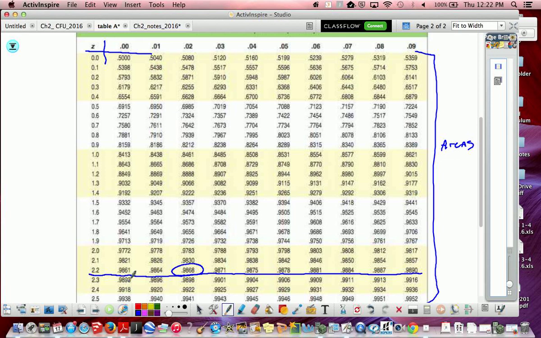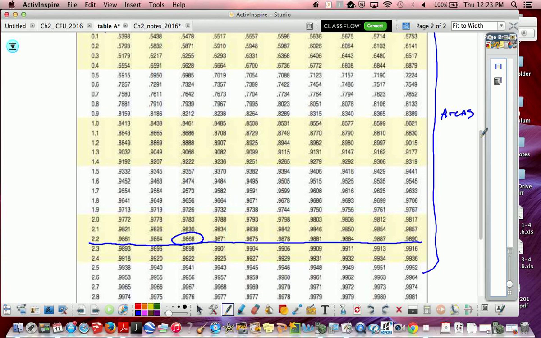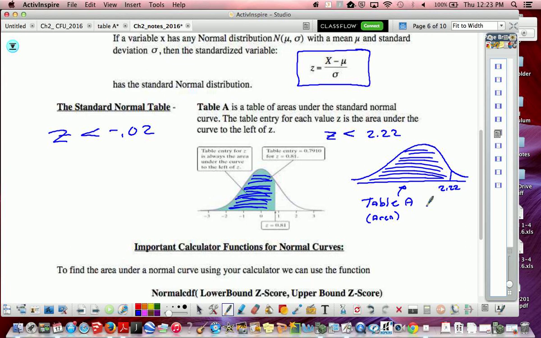Then we go to 2.30 if we had to keep going. So our area here is 0.9868. Of course, my eyes are going these days. So roughly 98.68% of the scores are at 2.22 standard deviations or to the left of the mean. Or above the mean, I should actually say.